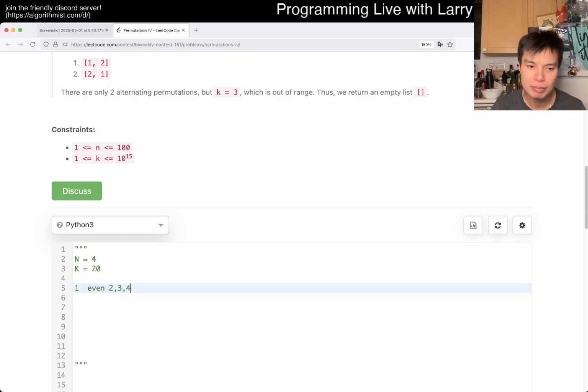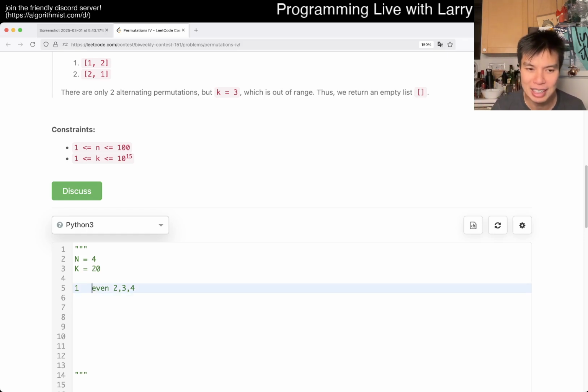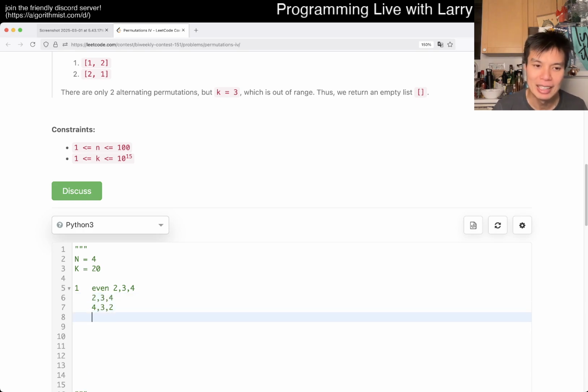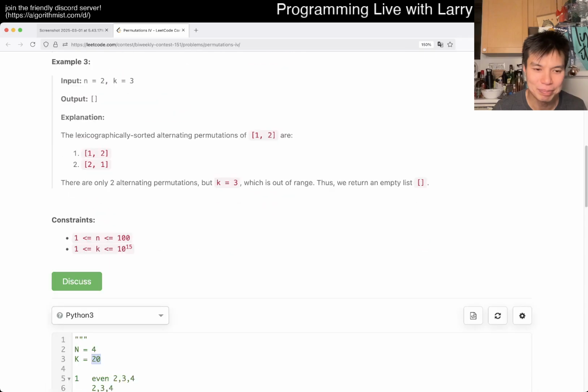Well, the short answer is we'll show you how I do it later, but you can also just write this out, right? The next number could either be a 2 or a 4, right? So here we have 2, 3, 4 or 4, 3, 2, and that's it. So that means that if 1 is, maybe 20 is too big now, I don't know.